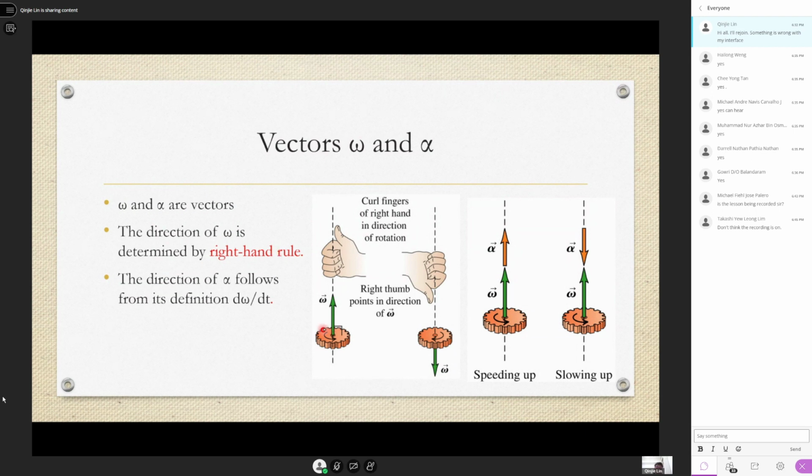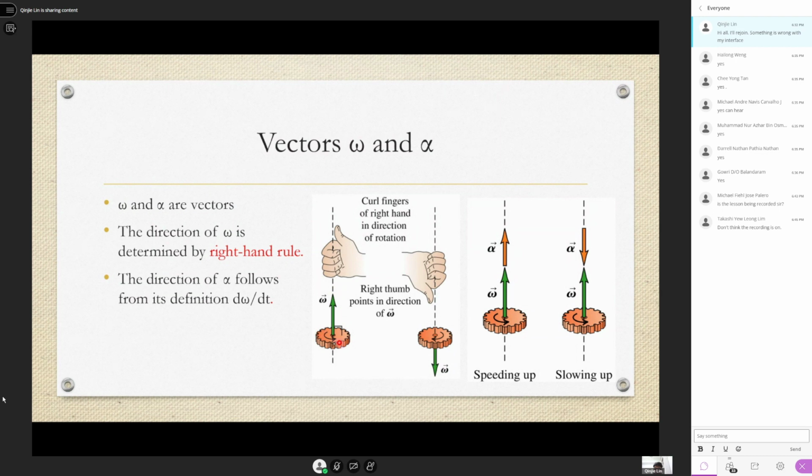Look at this. If something is rotating in this manner, if you see from the top, it will be rotating counterclockwise, right? You just use your right hand, your fingers, the curved part, and you follow the rotation. Then wherever your thumb is pointing, that is the direction of this vector.